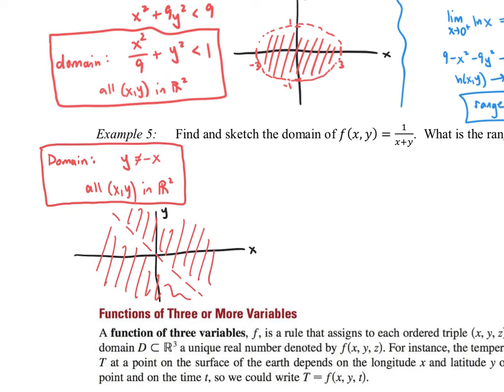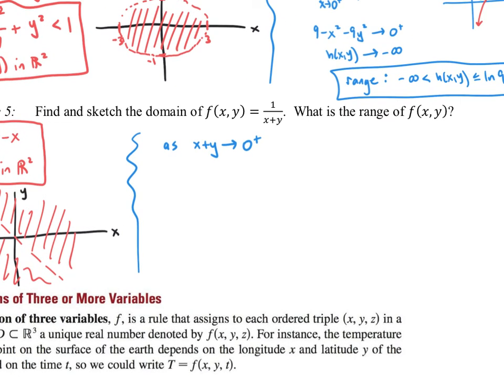Okay, let's talk about the range. We're going to look at a similar approach here. Think of it this way: as x plus y, as the denominator approaches 0 from the right side, so as the denominator gets really small on the positive side of 0, the function is going to go closer and closer to infinity, 1 divided by a very small positive number.